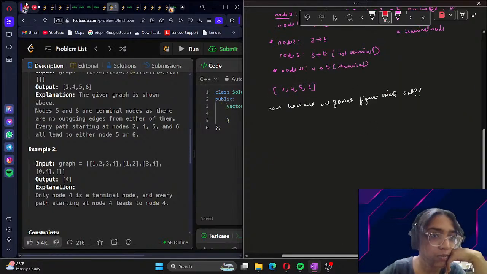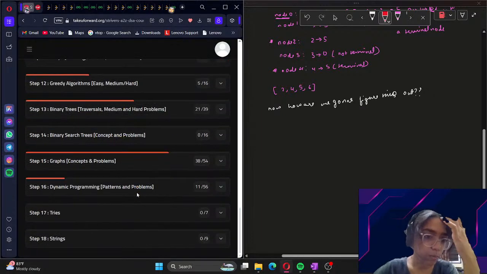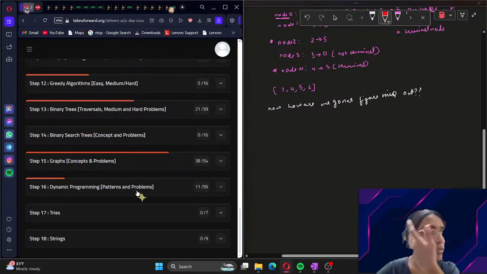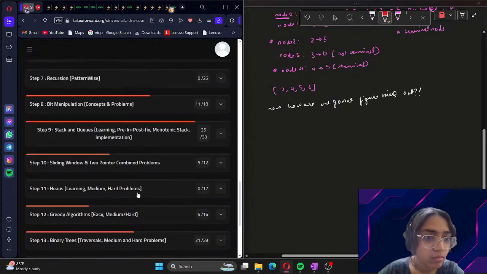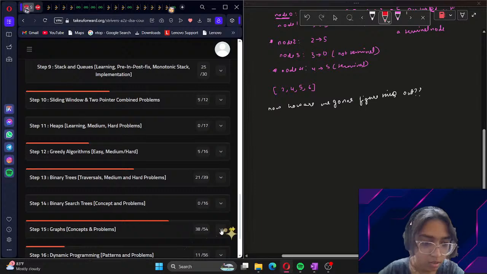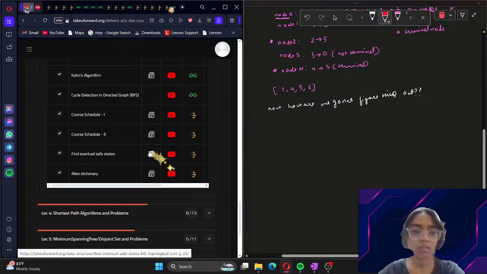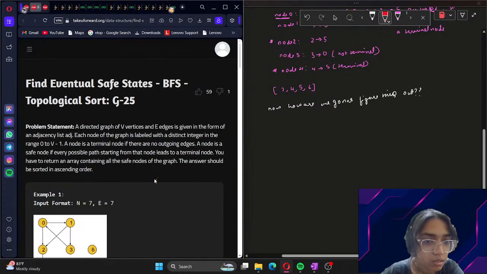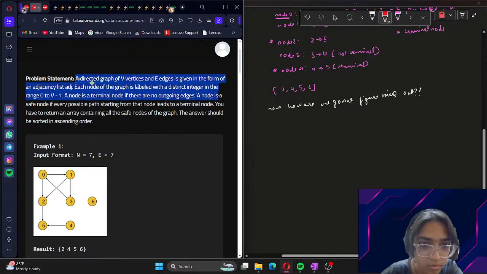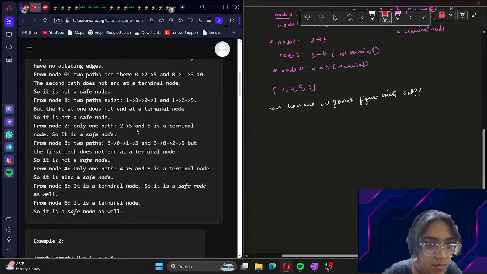Let me go to this driver article to understand how exactly we are going to use this topology concept. Okay, here we go. Yeah, this one I said right.